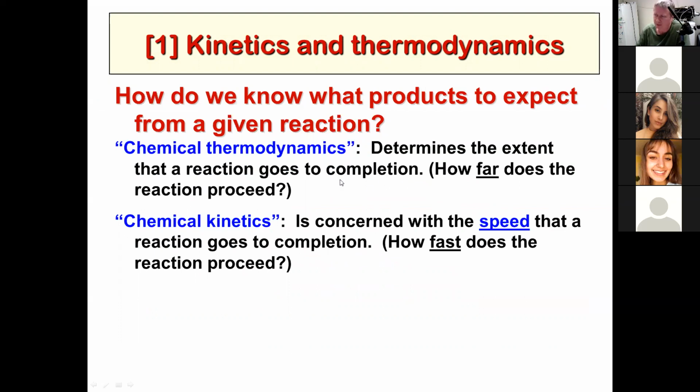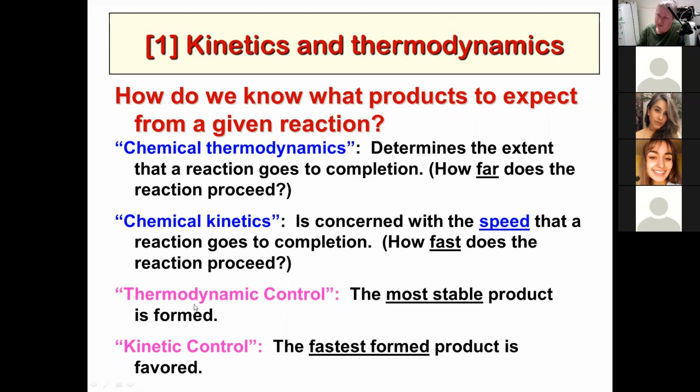That's thermodynamics. Chemical kinetics is concerned with the speed that a reaction goes. Just because a reaction is favored thermodynamically doesn't mean it'll actually occur unless kinetics are favored. So kinetics is concerned with how fast the reaction proceeds.